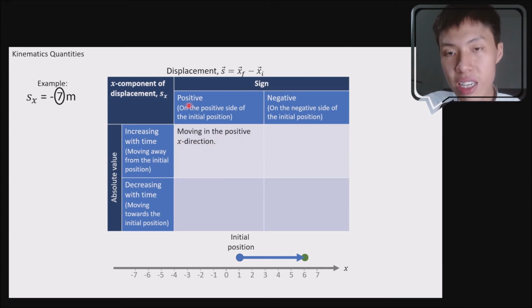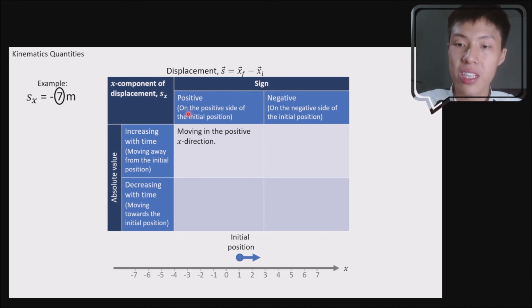Okay, and if the displacement is positive but decreasing with time, then it will be something like this. The arrows get shorter, but they are still pointing to the right, because the sign is positive. But because the absolute value is decreasing with time, the length of the displacement vector gets shorter and shorter. If you trace the arrow tip, you can see that it's going this way, right?